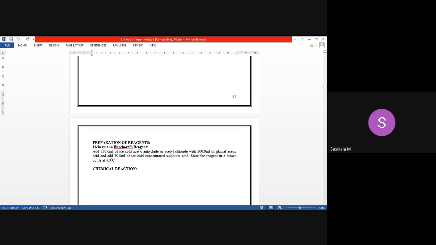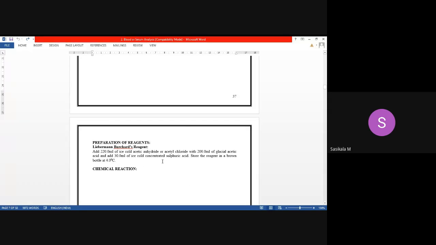220 ml of ice cooled acetic anhydride. Nowadays we cannot buy acetic anhydride from the chemical store, so instead of acetic anhydride we can add acetyl chloride, which is available. Acetic anhydride is not sold nowadays, so in place of it we can use acetyl chloride.